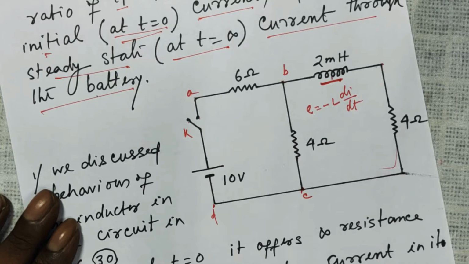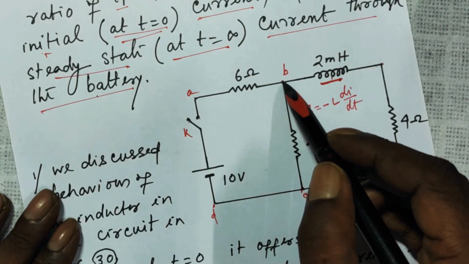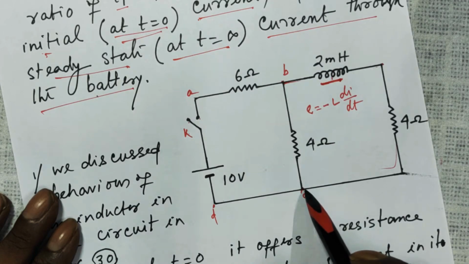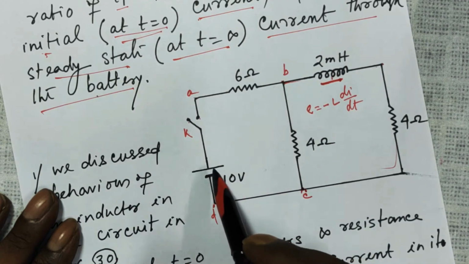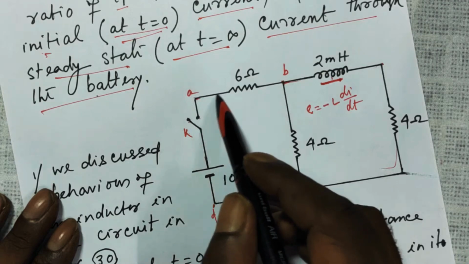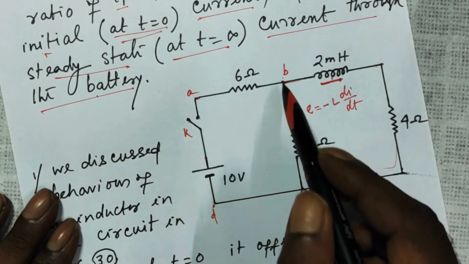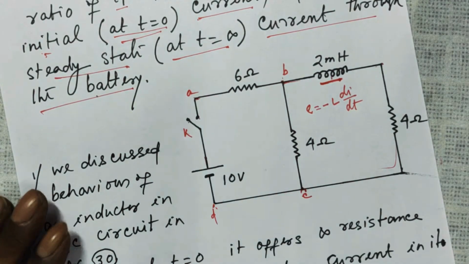So at t is equal to 0, when through this path there is no current, then the complete circuit is this, that is A, B, C, D, A.